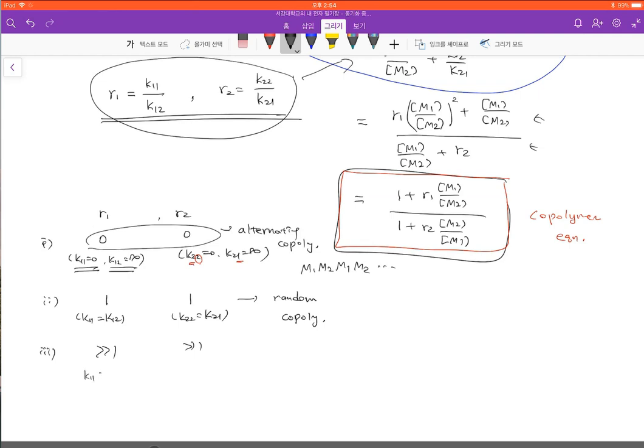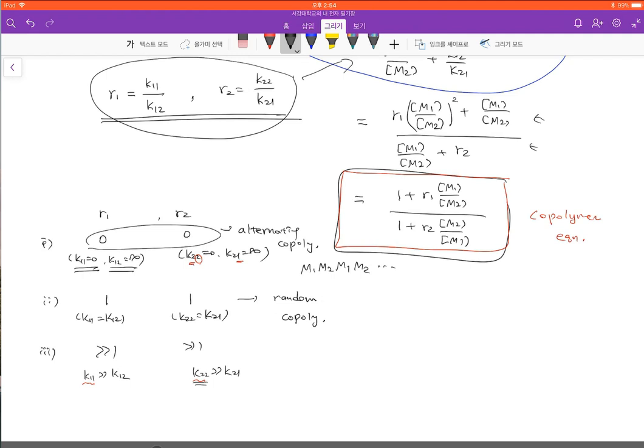In another case, if R1 is much greater than 1, and R2 is also much greater than 1, then K11 is much greater than K12, and K22 is much greater than K21, which means that it tends to form homopolymer, right?